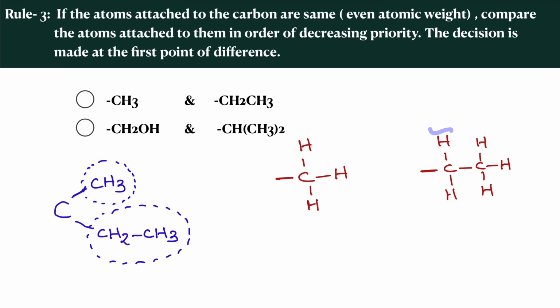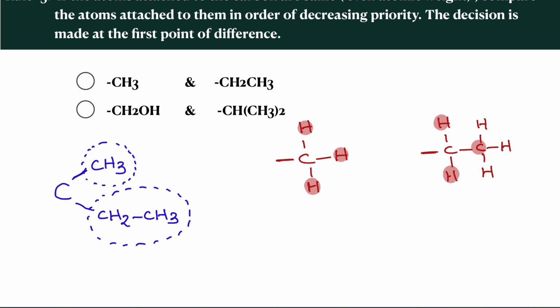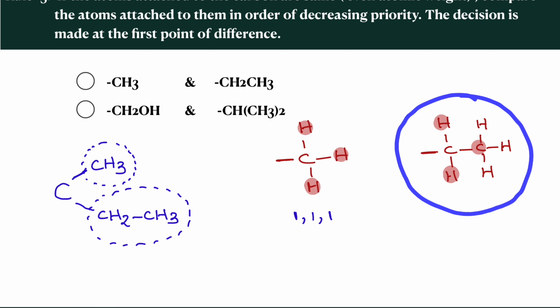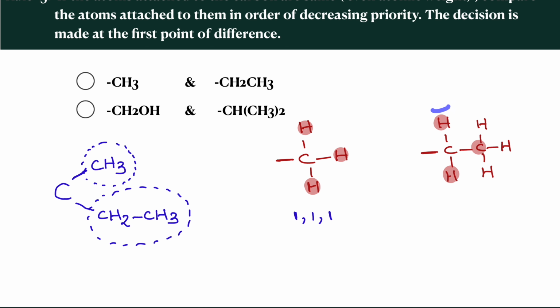Whenever you are considering second atoms, their atomic numbers must be compared in decreasing order of priority. What does it mean? Here the second atoms in the methyl group are hydrogens, and their atomic numbers are the same, 1 1 1. But in the other, the second atoms are hydrogen, hydrogen, carbon, and their atomic numbers must be written in decreasing order, 6 1 1.